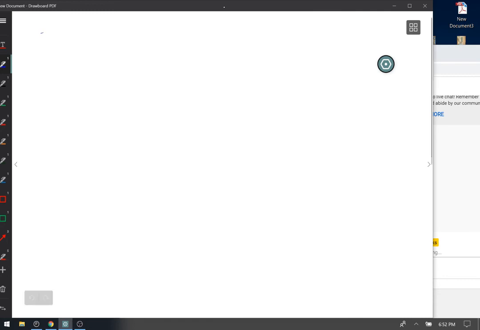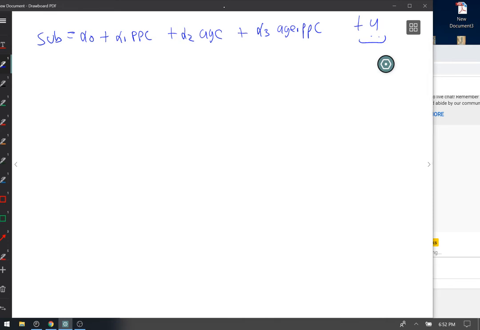So in this model, just focusing in on the bit with age and subscriptions, let's do it in the general case: alpha naught plus alpha 1, the coefficient on, say, PPC, plus alpha 2, the coefficient on age, and then plus alpha 3 age dot PPC. Again, plus we've got these other terms, we've omitted them. This is just a bit of interest. We want to look at the marginal effects of PPC and age.